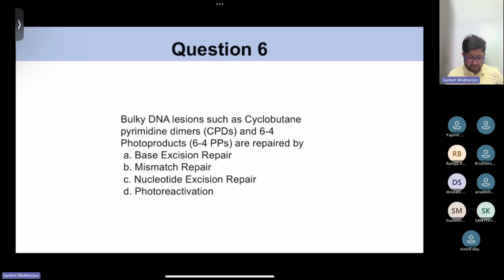Bulky DNA lesions such as cyclobutane pyrimidine dimers and 6,4 photoproducts are repaired by base excision repair, mismatch repair, nucleotide excision repair, or photoreactivation. What would be the answer to this?